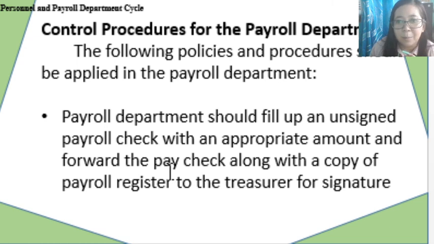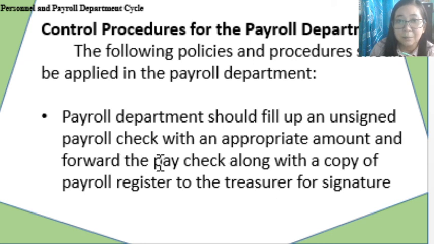So the payroll department should also fill up an unsigned payroll check with the appropriate amount and forward the paycheck, along with a copy of the payroll register, to the treasurer for signature.